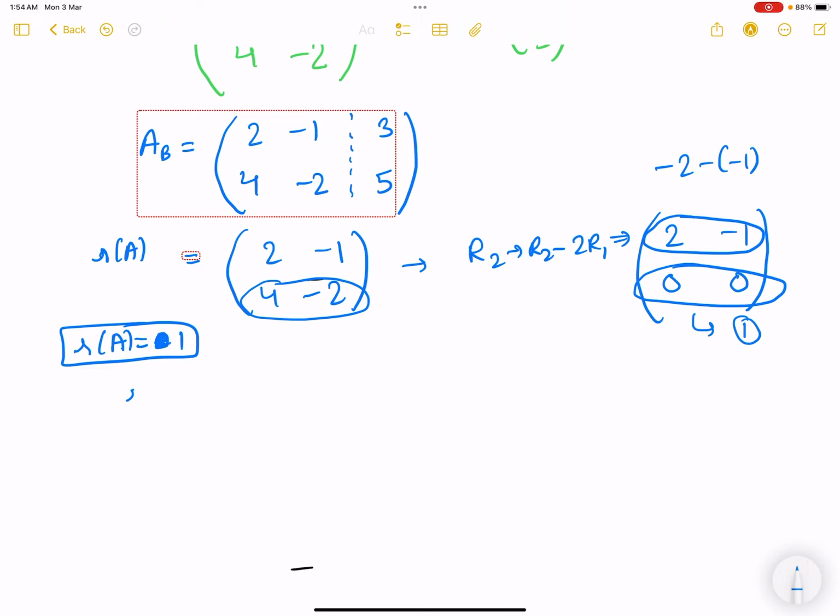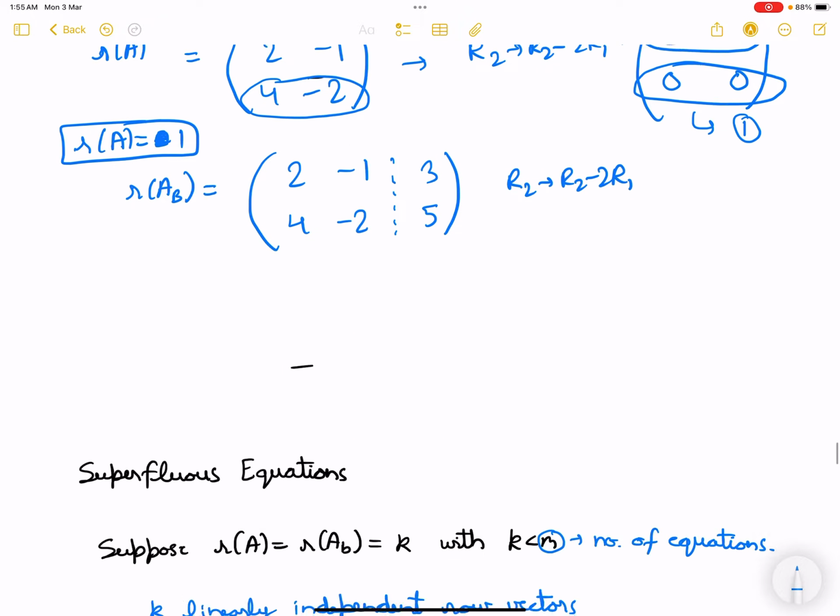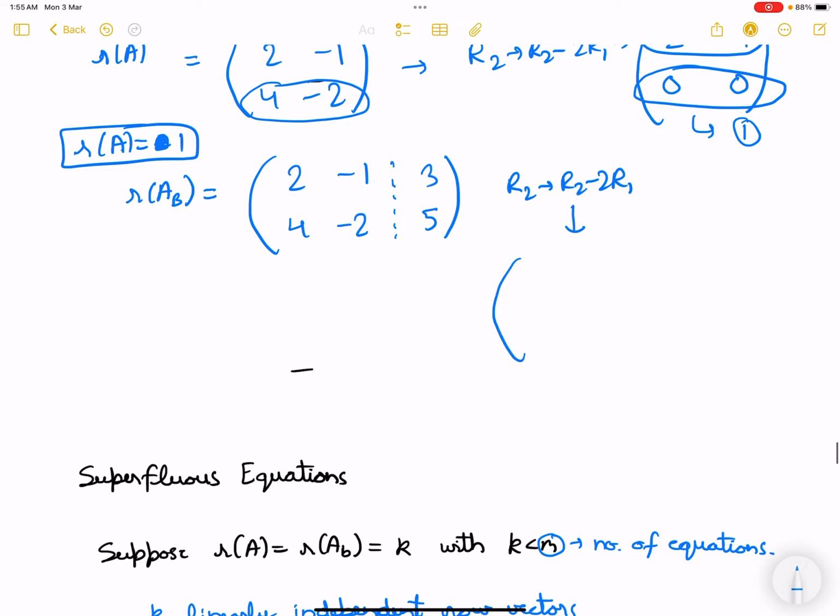Now the rank of A augmented B. We have [2 -1 | 3; 4 -2 | 5]. Using the same operation, R2 goes to R2 minus 2R1, we have 2, -1, 3 in the first row. Now this becomes 0, this becomes 0, and this becomes 5 minus 2 times 3, which is -1.